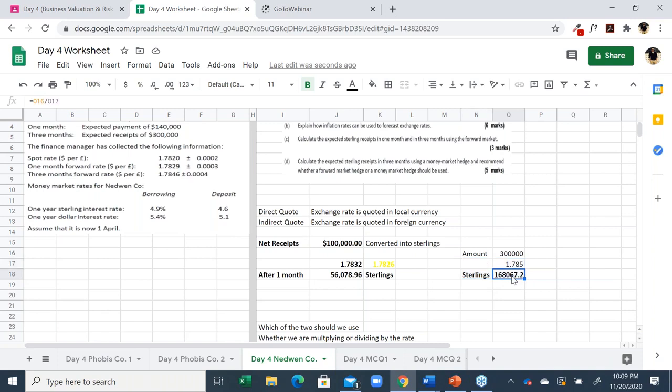We know today what we are going to receive in 3 months time because we entered into a forward contract with the bank. Irrespective of what the exchange rate will be in 3 months time, we don't care now because we have fixed a rate with the bank and that is 1.785. When we fix a rate with the bank, the uncertainty is gone and there is no more risk.